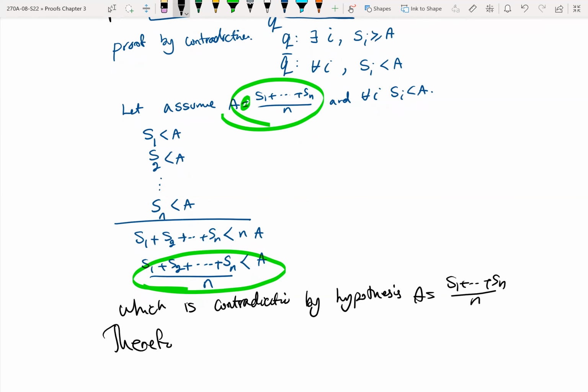Therefore, I was wrong from the beginning to say not Q is true.